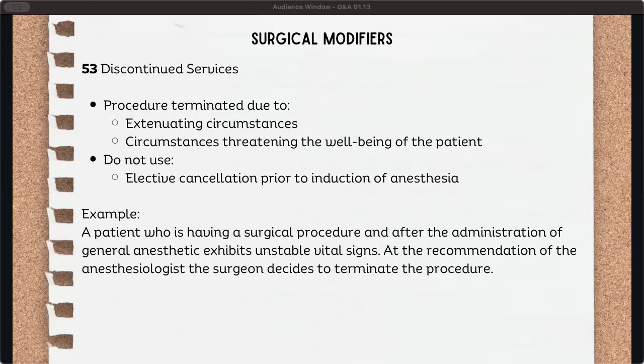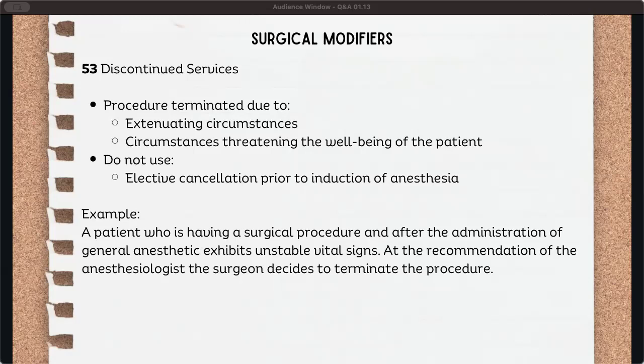You will see a note in the definition of this modifier back in Appendix A that tells us not to use modifier 53 to report the elective cancellation of a procedure prior to the induction of anesthesia or surgical prep within the OR suite.